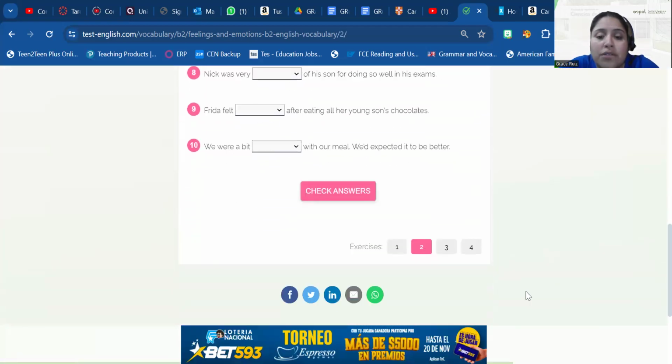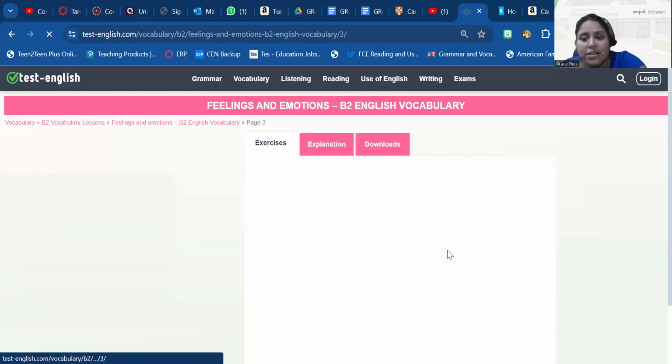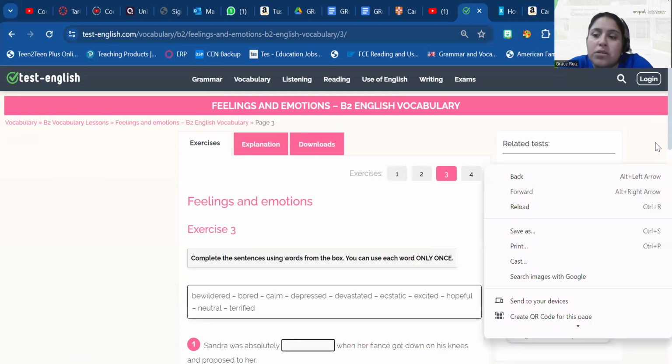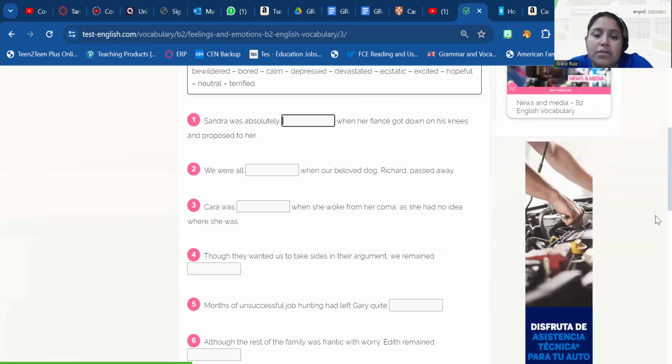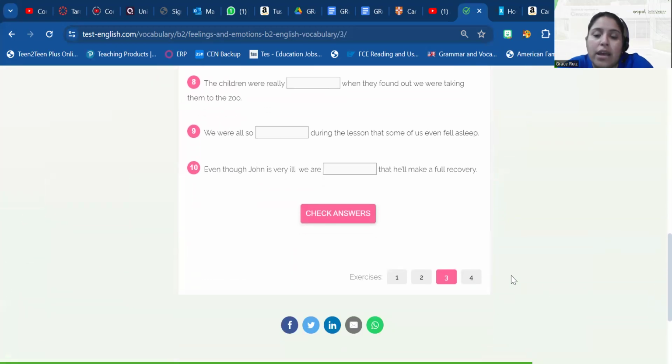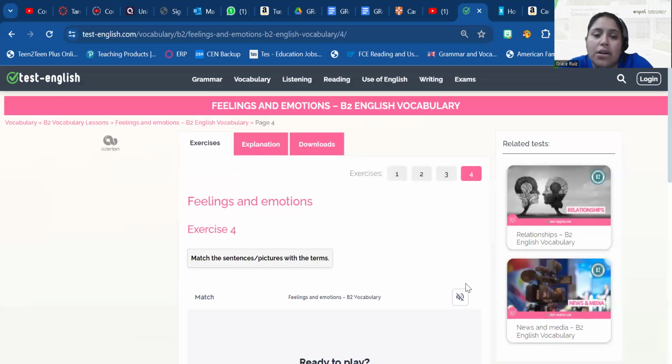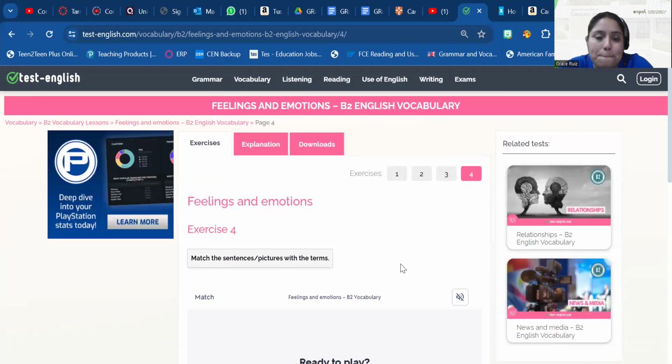All right, you have some answers there. For the third one, you will have to choose and write in the options, which is still very nice. And for exercise number 4, you would match the sentence with the pictures and the terms.